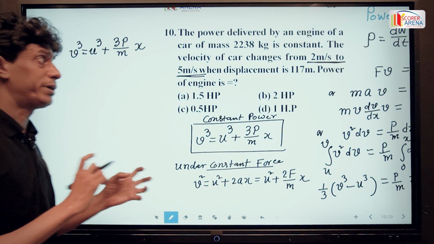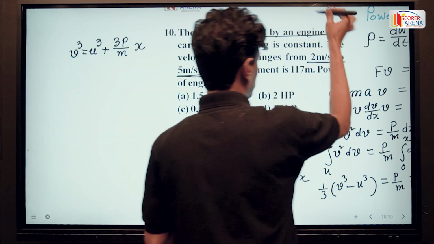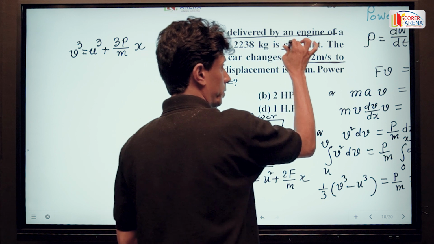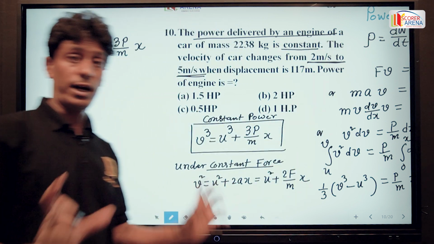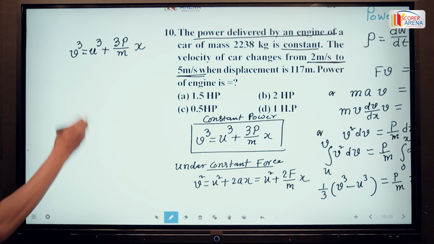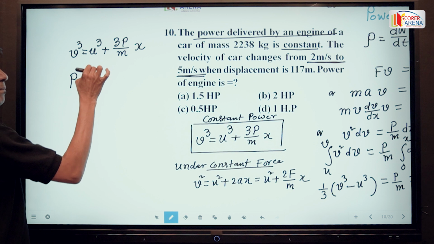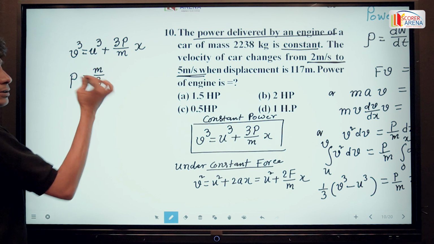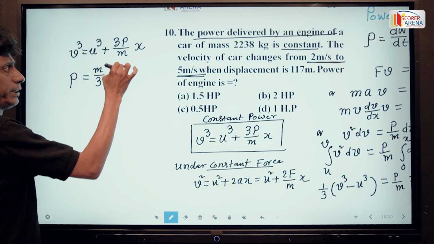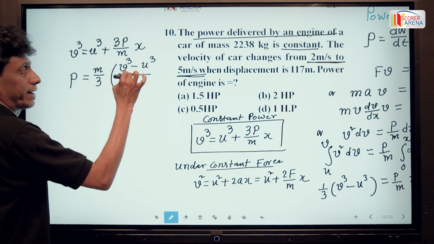Why is it written? Because after going through this problem, we understood that the power delivered is constant. So power P equals m by 3 into (v cubed minus u cubed) by x.